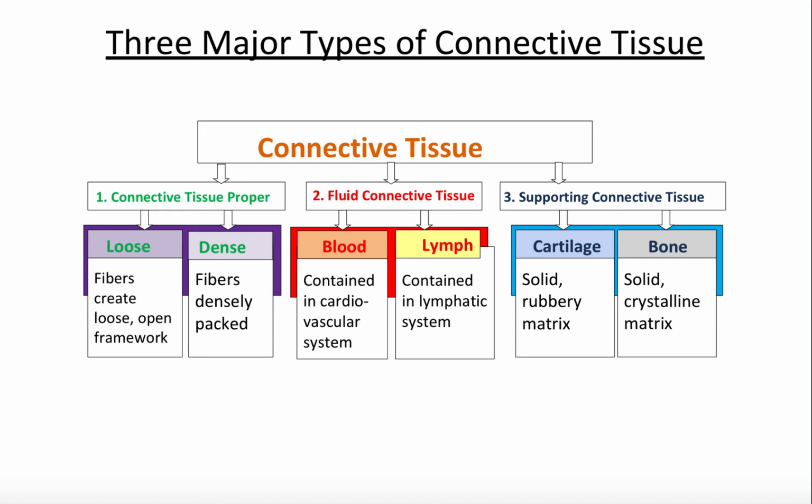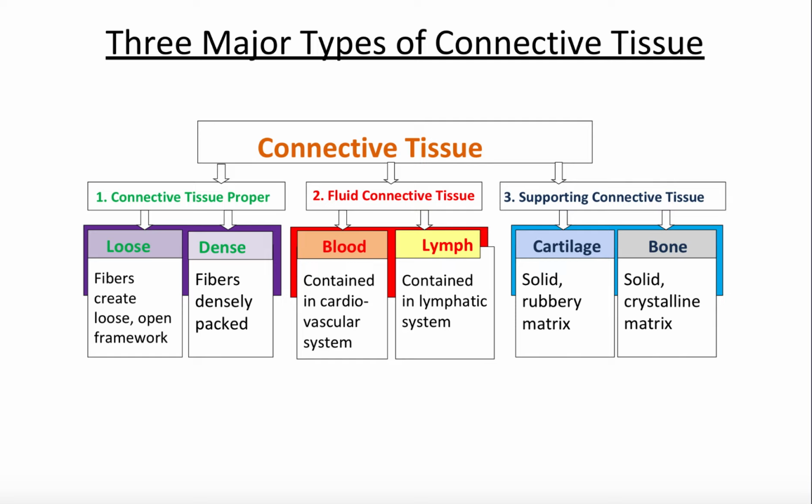All right, so there are 3 big categories for connective tissues. 1 is connective tissue proper, 2 is fluid connective tissues, and 3 is supportive connective tissue. In terms of broad categories within connective tissue proper, we can divide them into loose versus dense.